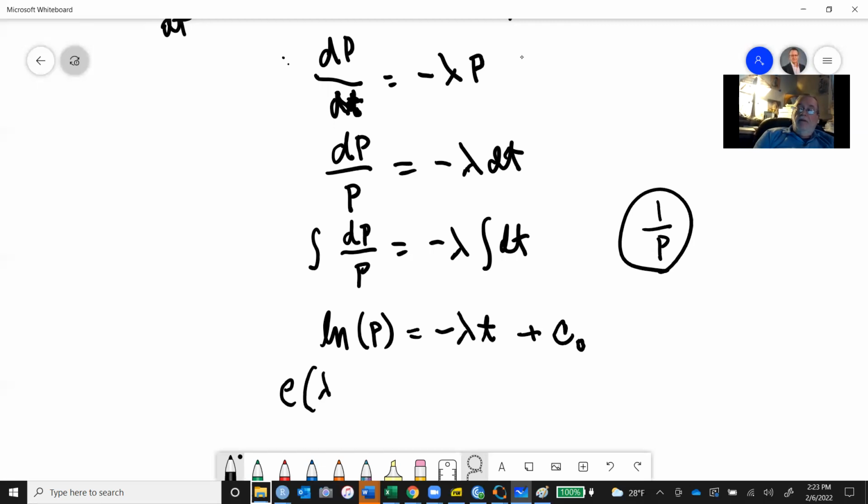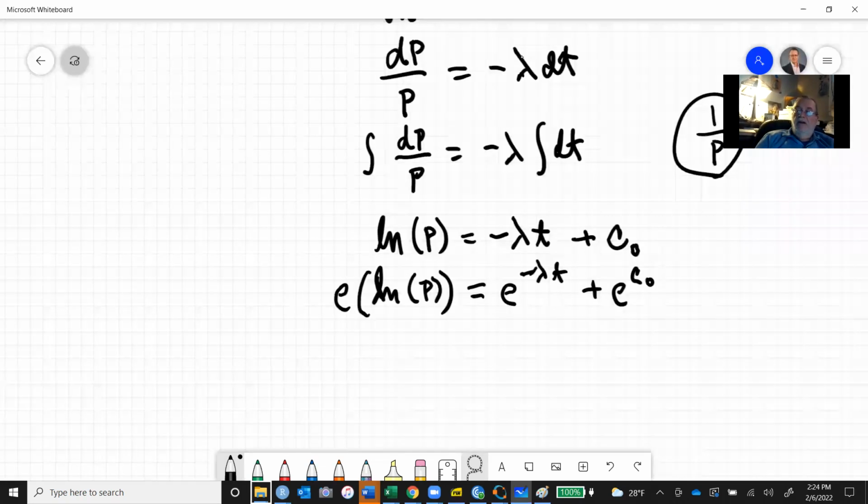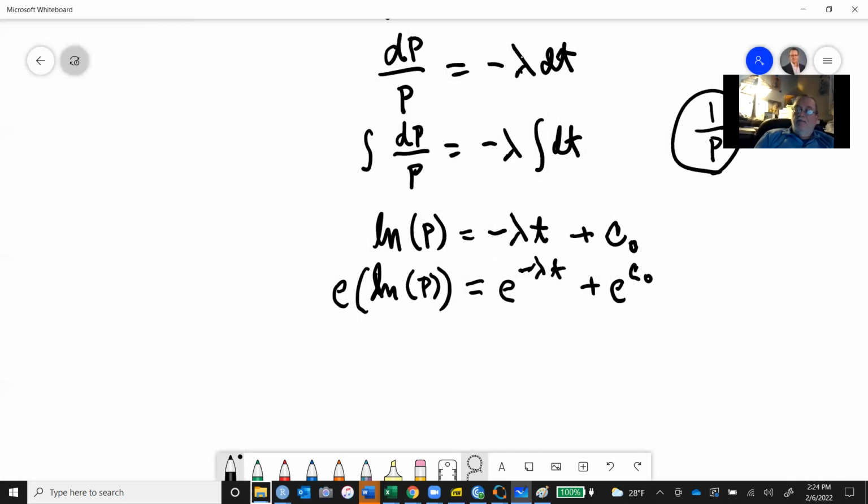If I raise both sides using the, now e and natural log are inverses of one another. We know that, right? Okay. You just distribute that across. Well, this is just this.